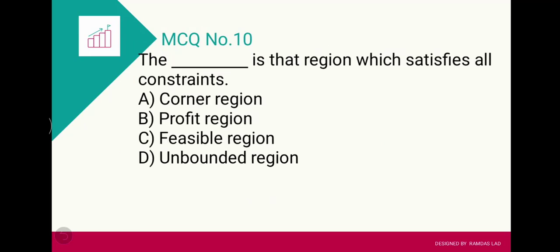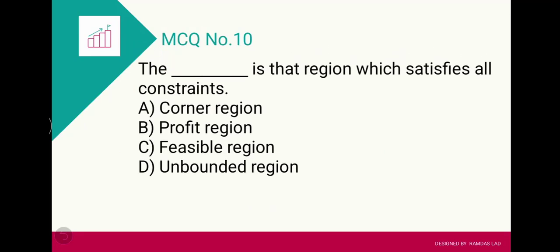Now question number 10. The dash dash is that region which satisfies all constraints. Option A, corner region. Option B, profit region. Option C, feasible region. Option D, unbounded region.